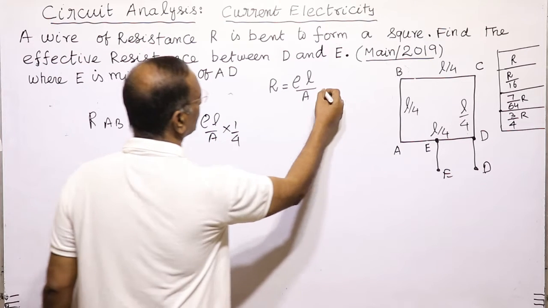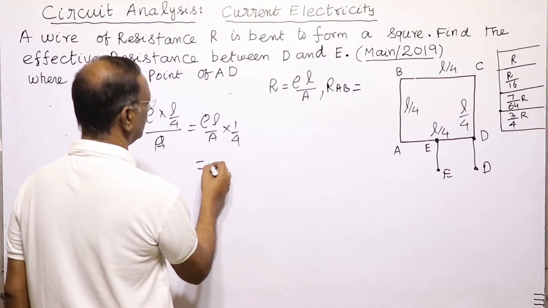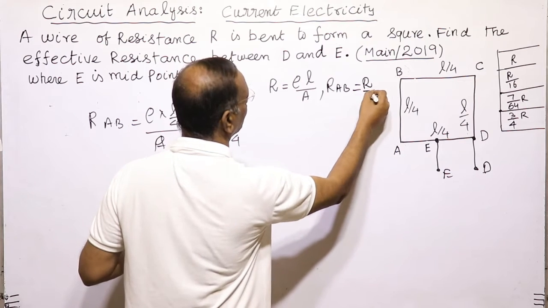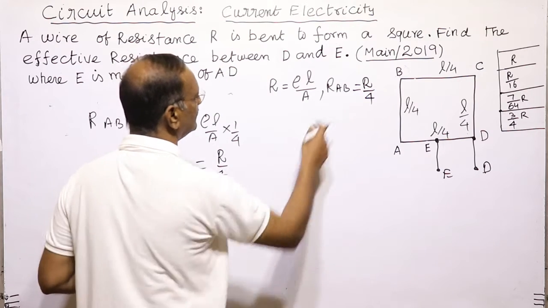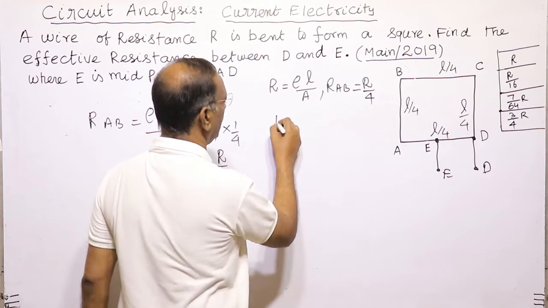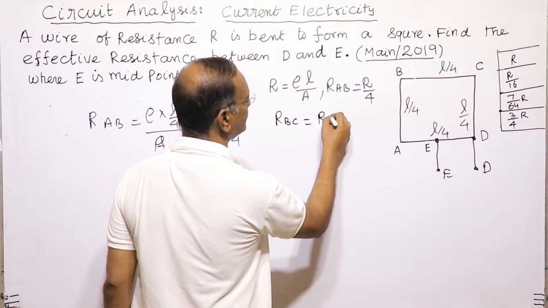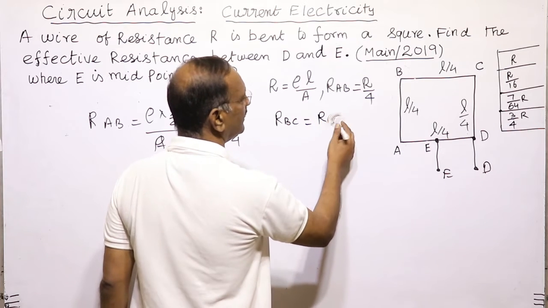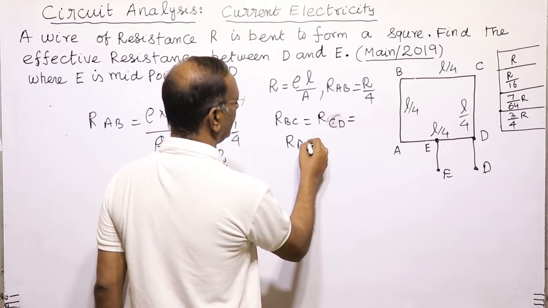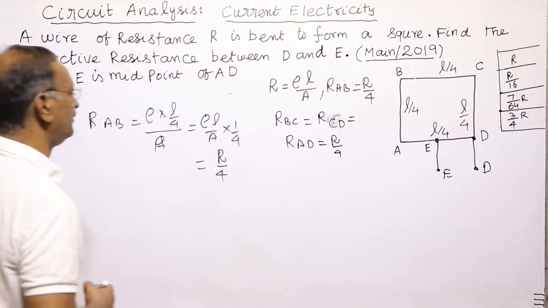It means RAB is equal to R by 4. BC is also the same length, so RBC, RCD and RAD are also equal to R by 4.